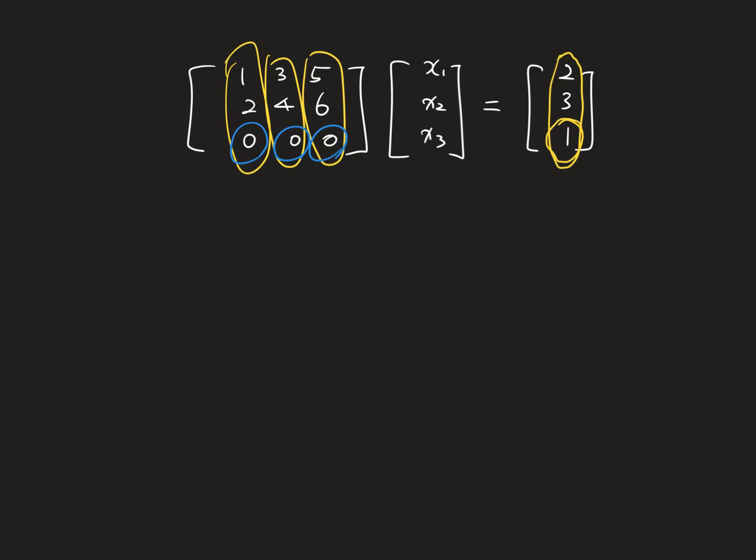So we can immediately notice that there is no solution, because we can see 0, 0, 0 here, but the final vector has 1 in it.